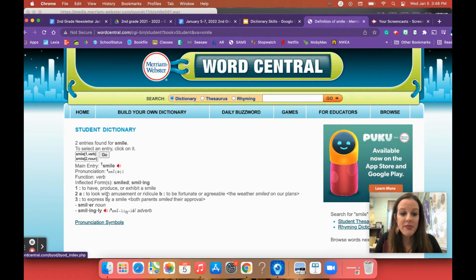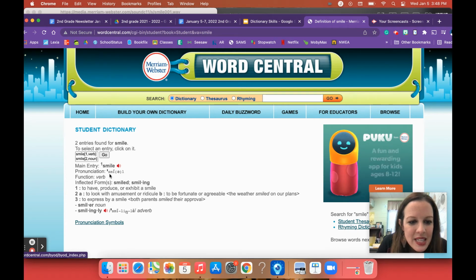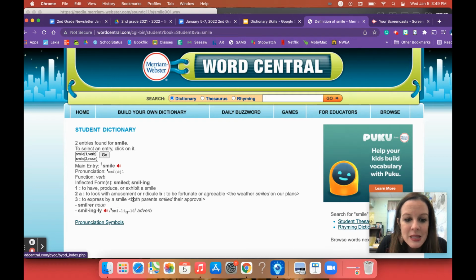Okay, now I have 2 definitions here. Let's look. Main entry, smile. I pronounce it like this: smile. In this one, it's a verb to have or produce or exhibit a smile, or to a look of amusement or ridicule, to be fortunate, to be agreeable, to express by a smile.